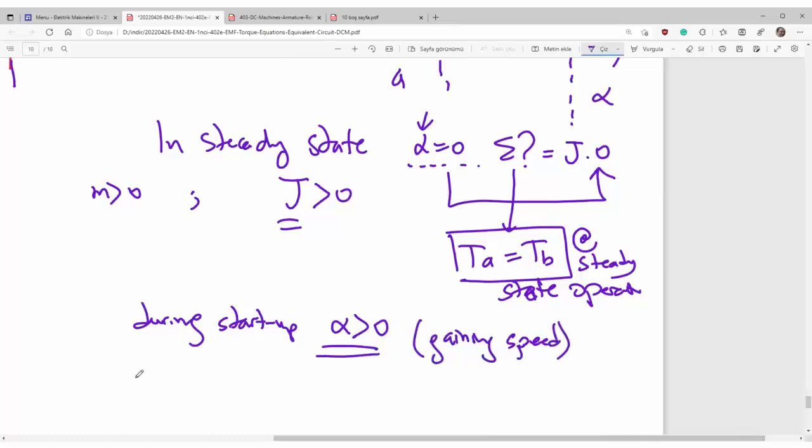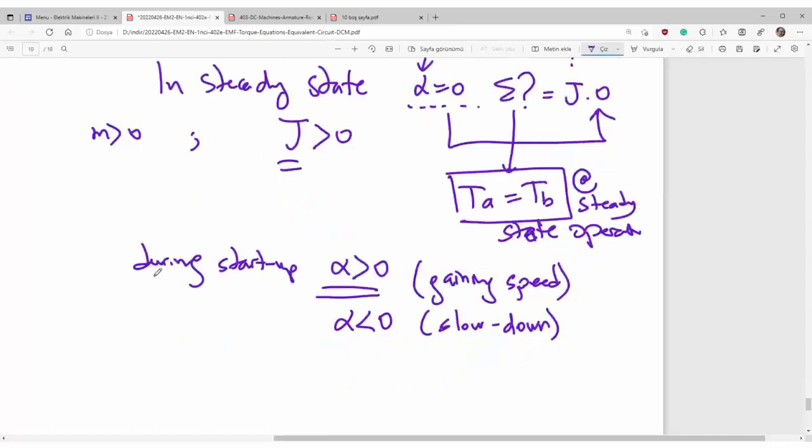If you hear such a voice, in such a case, angular acceleration is negative. Slow down. Yavaşlama. And then during braking, slow down.